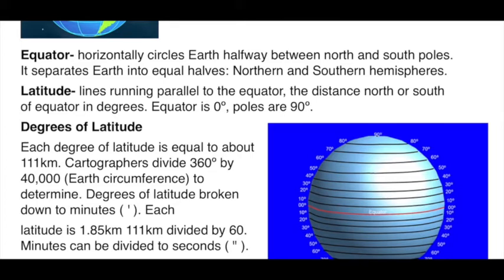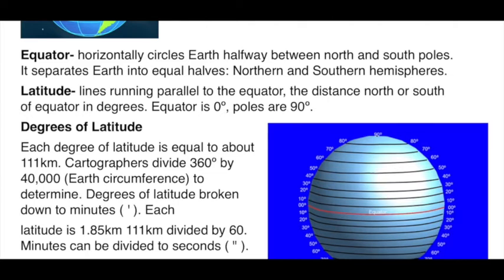Okay, so if you were going to take the distance from the equator to the North Pole, and say that must be 90 degrees, you're going to find that it's about 111 kilometers per degree of latitude. The degrees of latitude normally on a map are in tens. So you have 10 degrees north of the equator, 20 degrees north, and when you get to the North Pole, you're 90 degrees north.